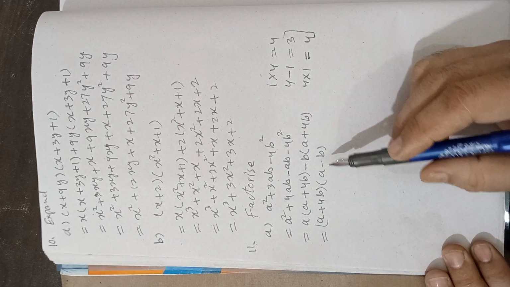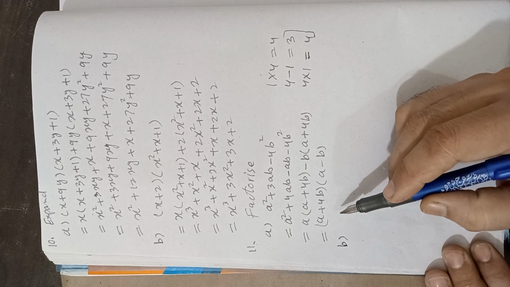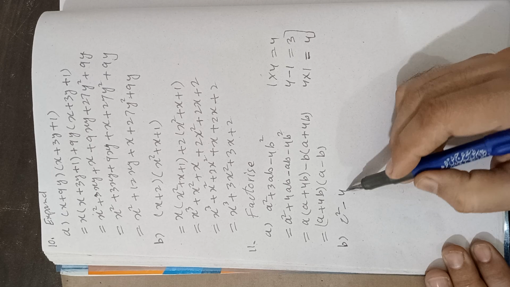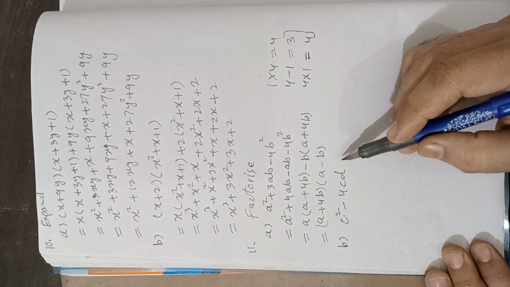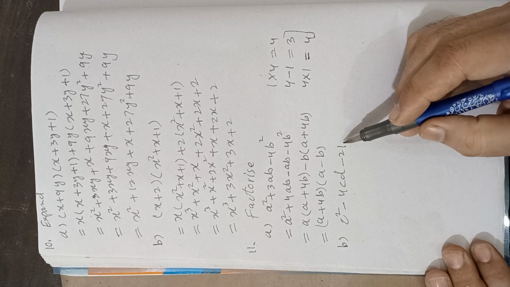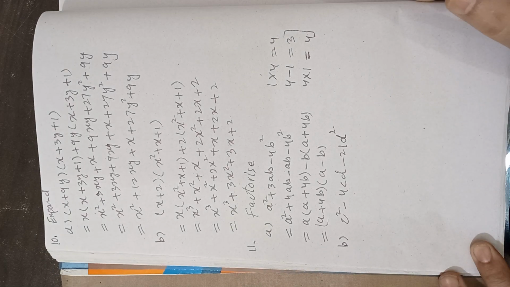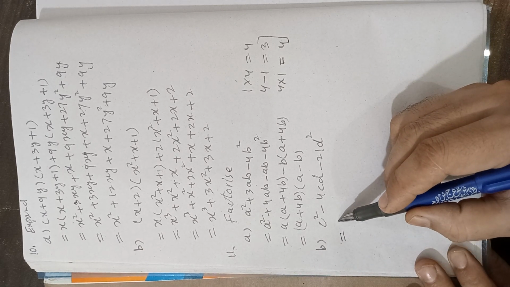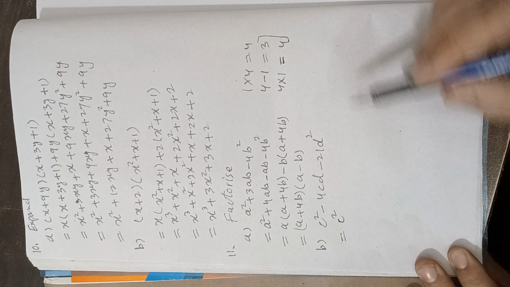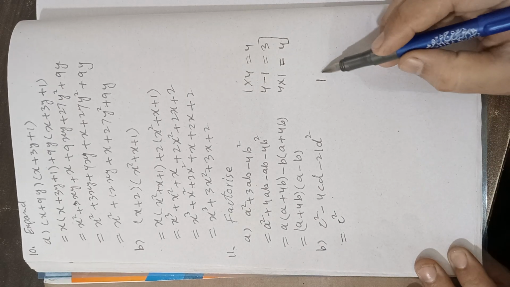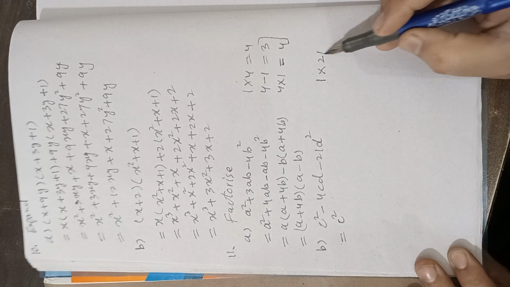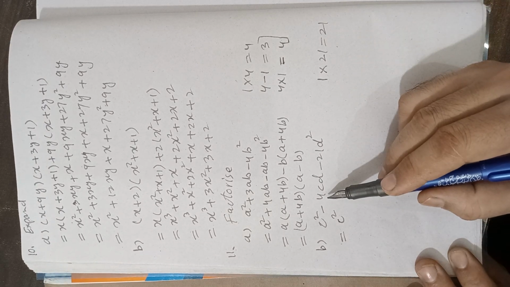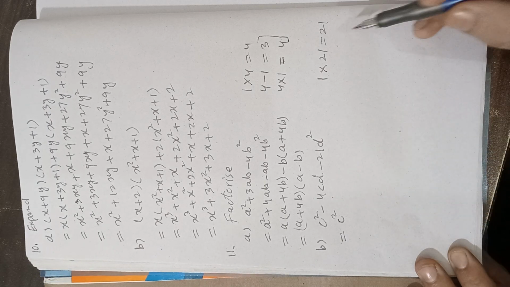Now there is b part of question number 11, that is c square minus 4cd minus 21d square. Here 1c square, 1 multiplied by 21, the answer is 21, and we will find the pair of 21, so that after adding or subtracting, the answer should be 4.